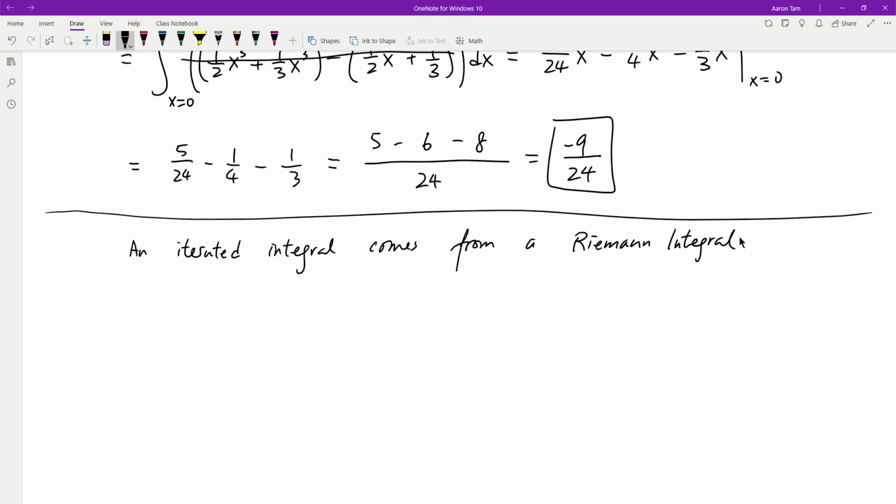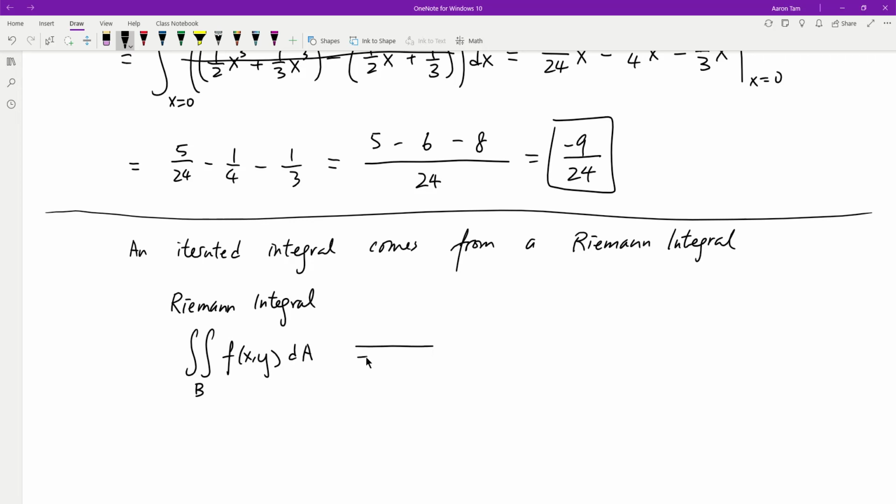So what's important that changes the way it works? From a mathematical standpoint, a Riemann integral in general will look something like this. I'm writing out a double Riemann integral.